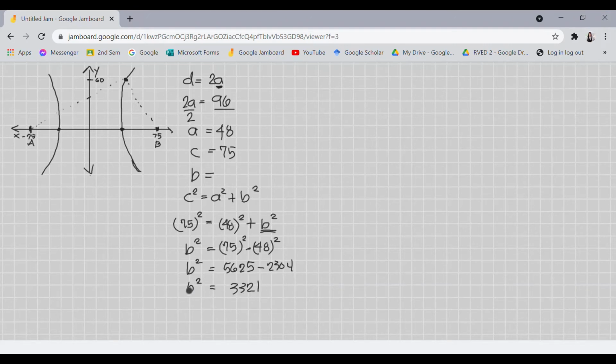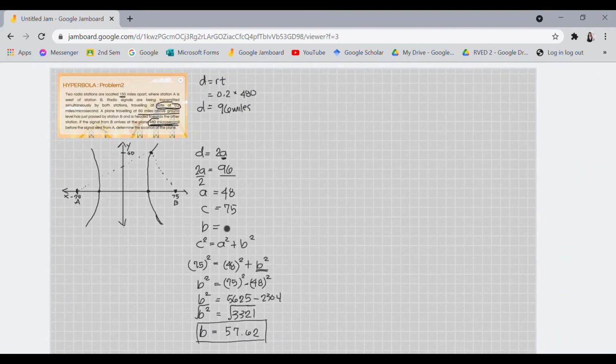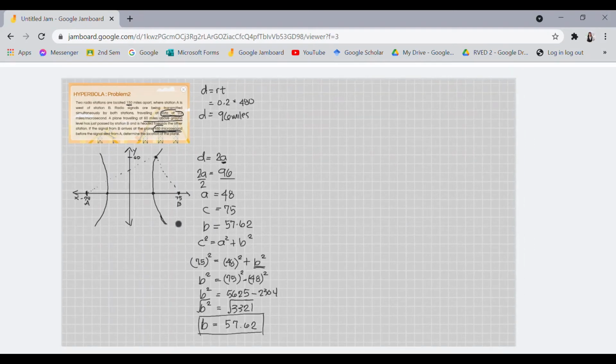To get the value of B, we get the square root of this. Our B now is equal to 57.62. So let's write here, 57.62 is the distance for the co-vertices of this hyperbola, for this figure.